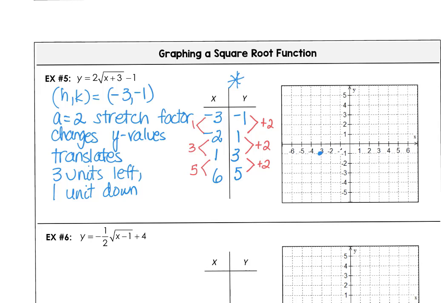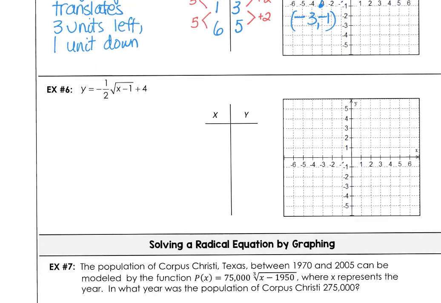So starting out 2 up and 1 right, and then we want to go 2 up and 3 right, and then we want to go 2 up and 5 right. So you could still see how this is behaving somewhat like a slope. And the H and the K gave us our starting point in order to graph that square root, or that sideways parabola.